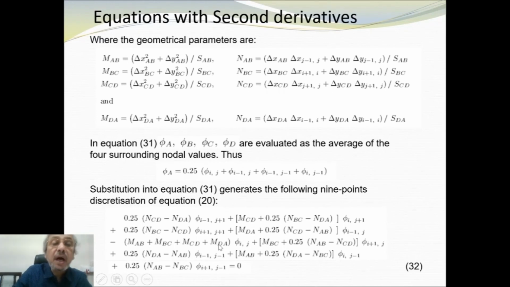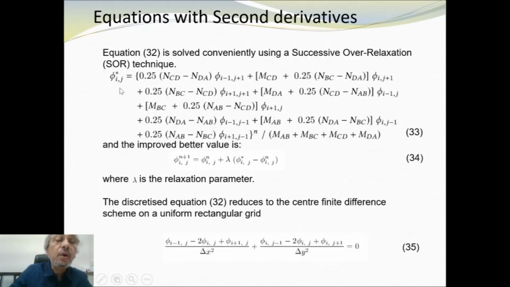So that is what we have done. We are calling this phi ij star. This is all the remaining terms on the other side divided by MAB plus MBC plus MCD plus MDA.